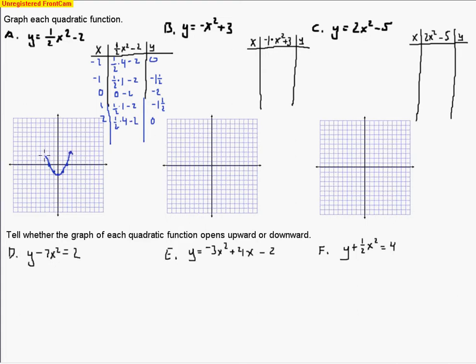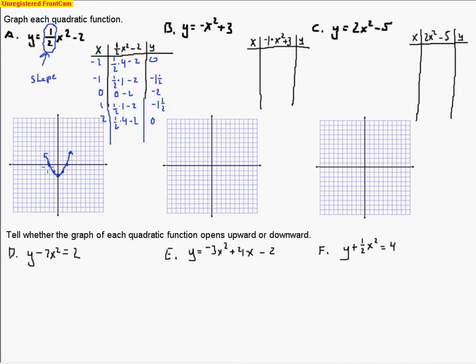And the reason is because of the 1/2. So a big concept that we should hopefully notice after we've graphed a few is this number is what makes the shape of the parabola. Everything else just gives us the location of where this value right here, which we call the vertex, is. So this gives us the shape, and because we're taking a half of x squared, it's going to open up not as fast as the other ones.